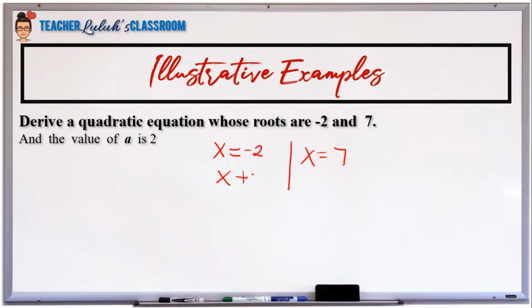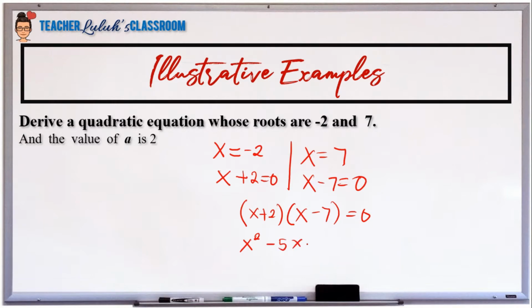So that's x plus 2 equals 0 and x minus 7 equals 0. Multiply them, reverse of zero product property. And then multiply by FOIL method. So we will have x squared minus 5x minus 14 equals 0.